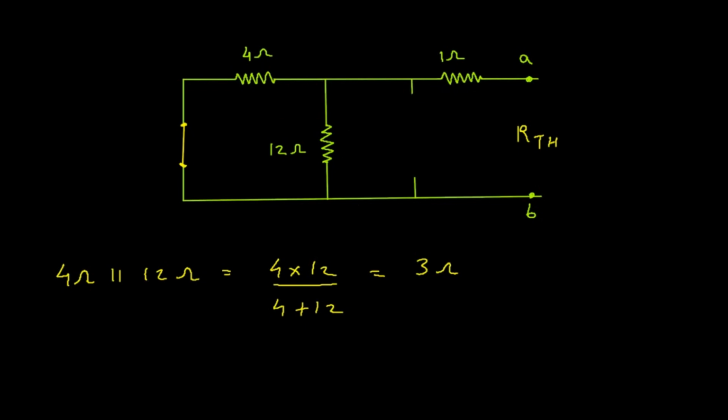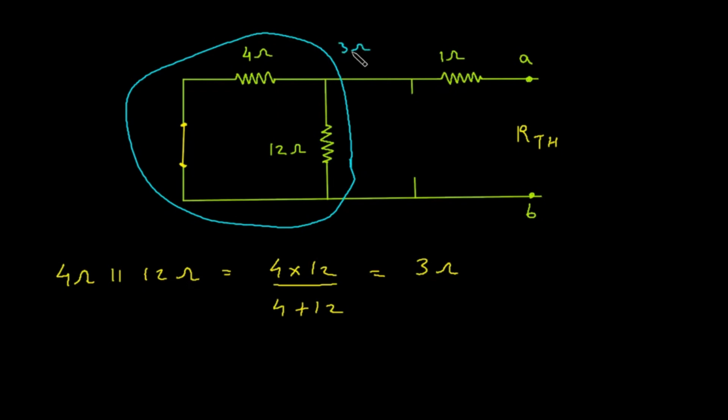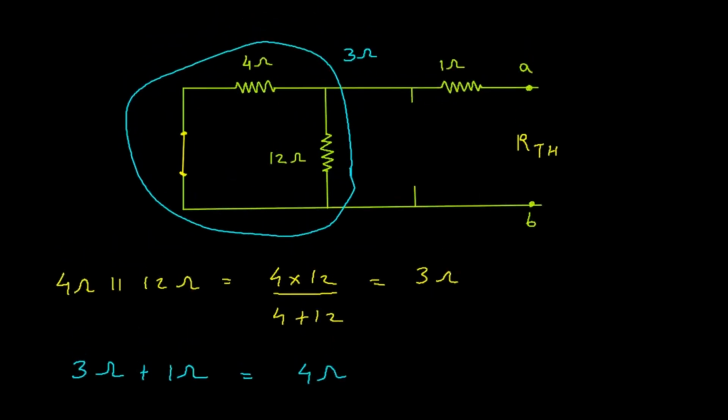So this will be 3 ohm. Now this 3 ohm is in series with 1 ohm. So 3 ohm plus 1 ohm is equal to 4 ohm. So therefore, this total will be 4 ohm.